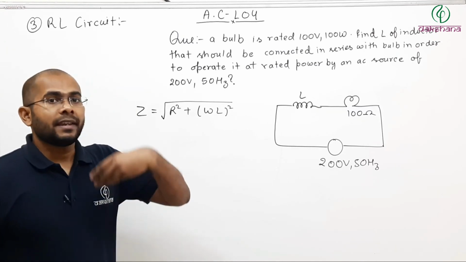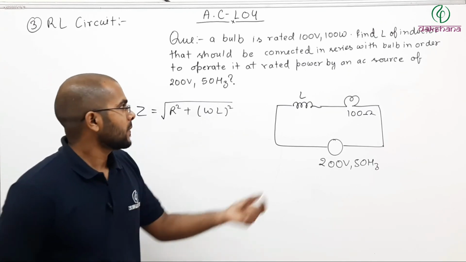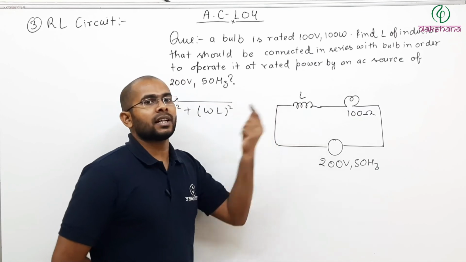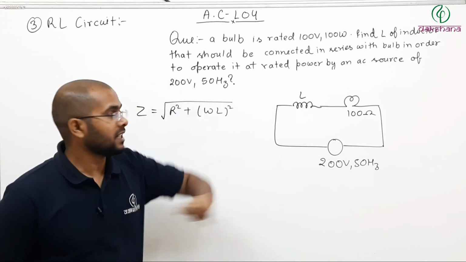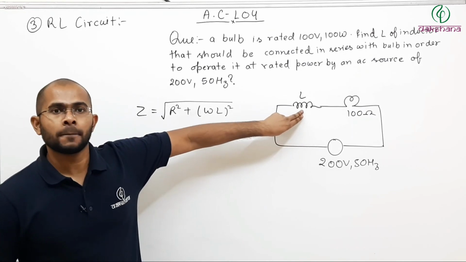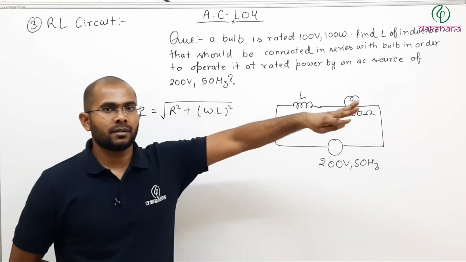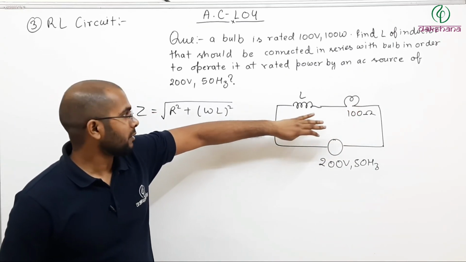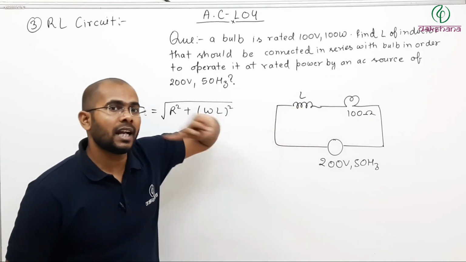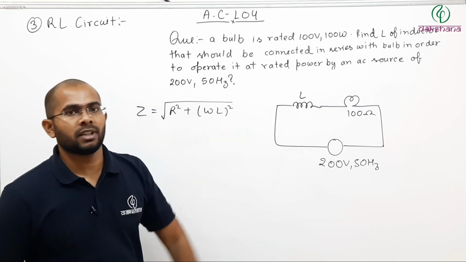But even though the effective resistance of the circuit is increased, this inductor itself does not consume any power. See the difference. In case you are adding the resistor here, then also the effective current was decreasing and the bulb was getting rated power. But wherever resistance was added, that resistance was also consuming power, and that was a total waste.